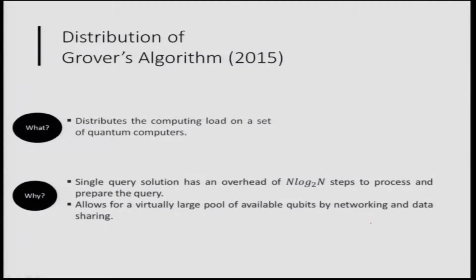In order to distribute the Grover's algorithm, which was first proposed as late as 2015 in Lecture Notes in Computer Science, it was possible to show that it distributes the computing load on a set of quantum computers, and the critical part on this was a single query solution has an overhead of n log base 2 n steps to process and prepare the query, and this allows for a virtually large pool of available qubits by networking and data sharing.